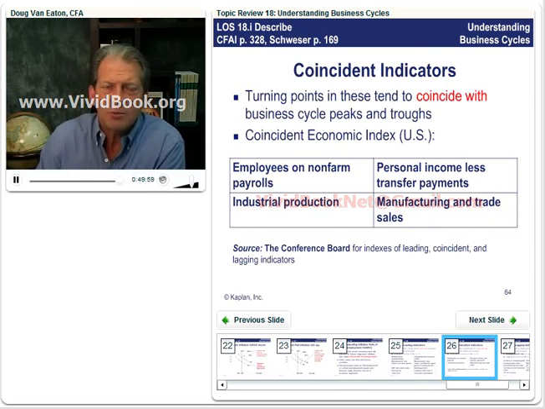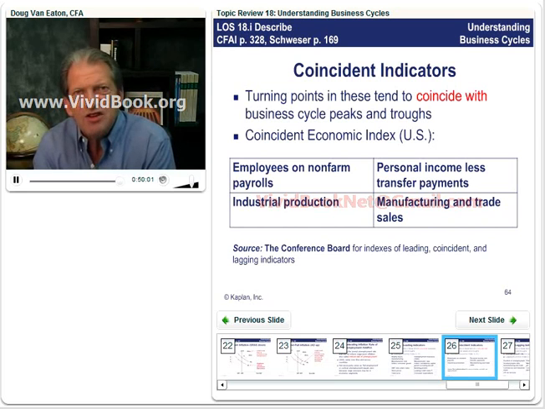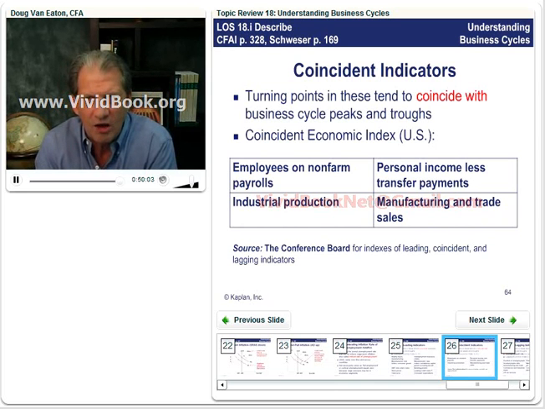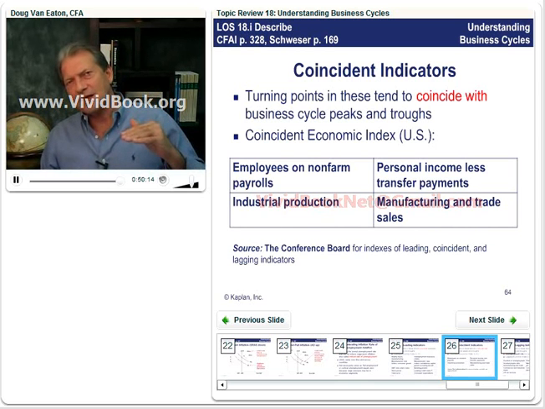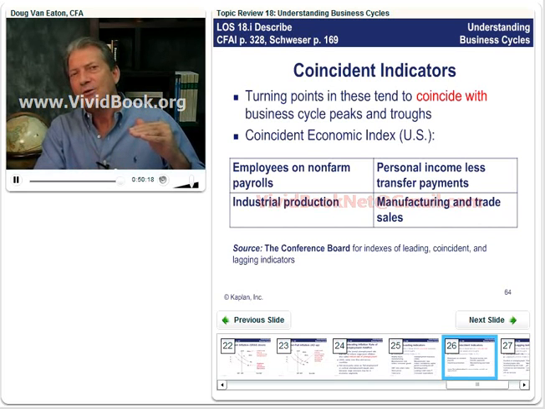Let's take a look at some coincident indicators. These coincide with the peaks and troughs. Employees on non-farm payrolls. Well, that makes sense, right? These kind of make sense because as you get to a peak in the economic cycle, you've got all the employees you are going to have, and then what happens? It falls off, right? Your labor utilization and capital utilization rates fall off.